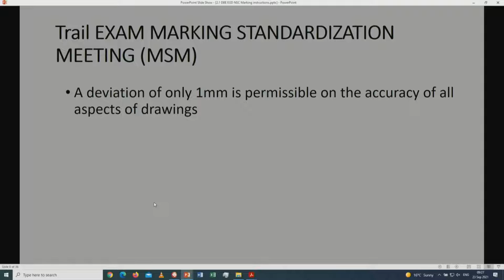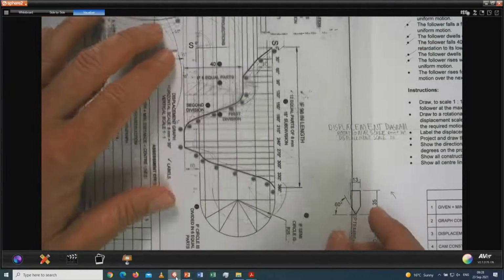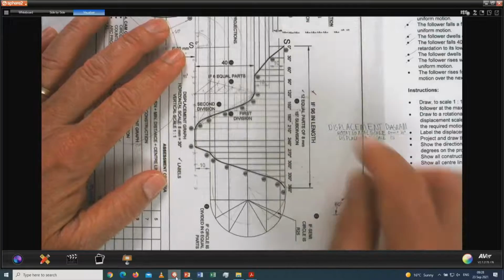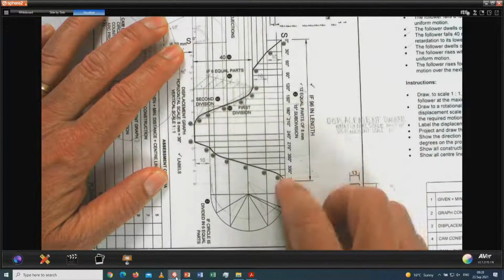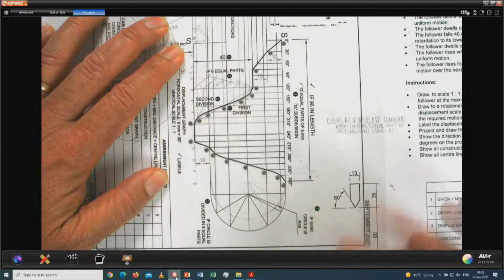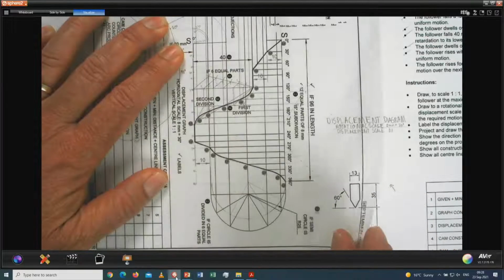All right, then also the deviation, ladies and gentlemen, only 1 millimeter permissible. All right, so if it's further than 1 millimeter out, it will be totally wrong. So again, if we go to our transparencies over here, we can say, for instance, if this goes from the start position and it goes all the way up to here, you know for sure that your transparency is 100% correct, and according to the question, then you can correlate and see exactly that is 100% correct.